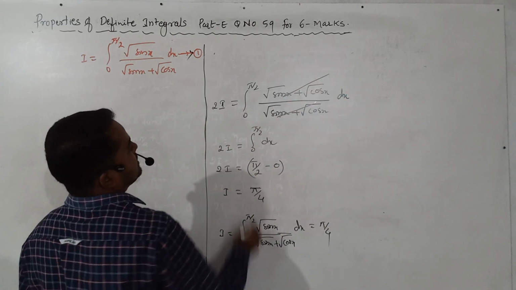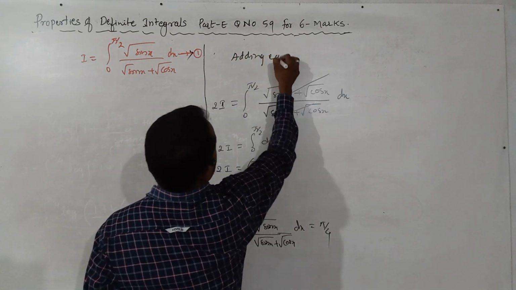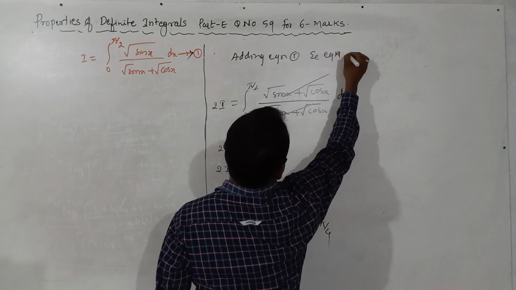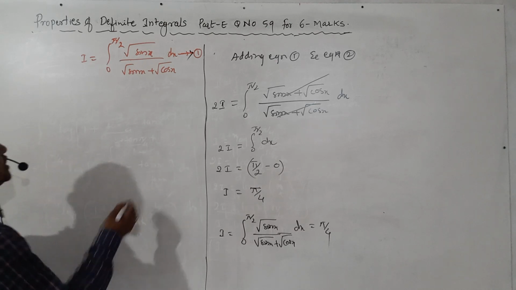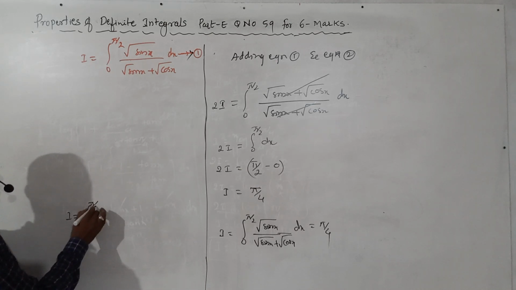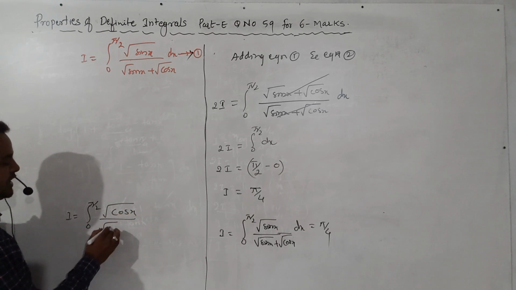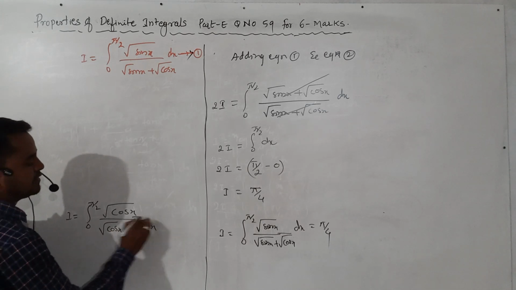Yes. Adding equation 1 and equation 2. Now this one, I is equal to integral 0 to 5 by 2 of root cos x divided by root cos x plus root sin x dx.